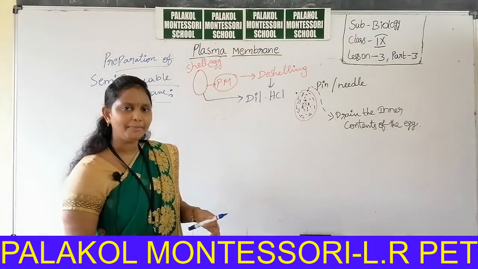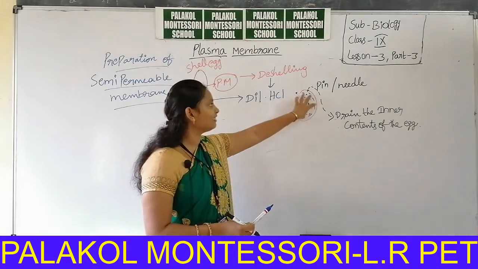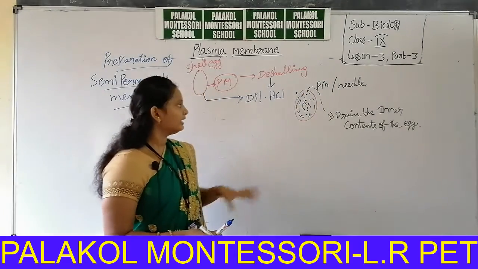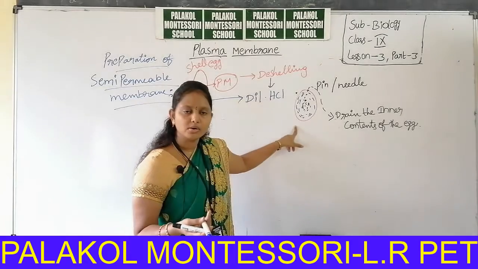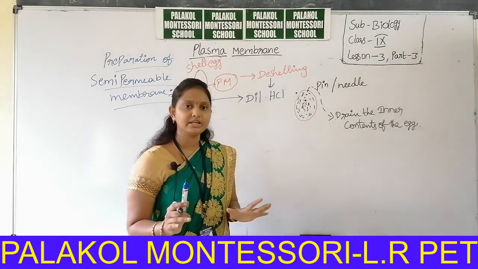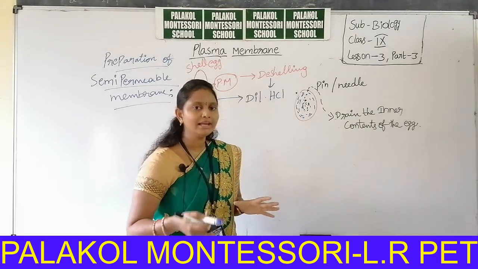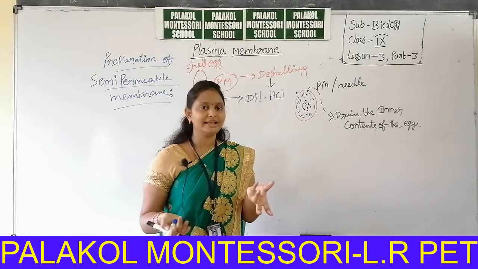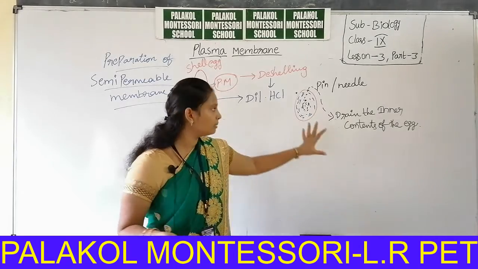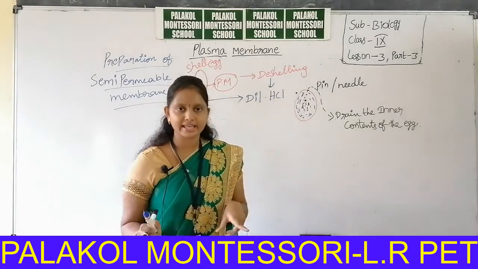Now what will happen after removing the inner content of the egg? It is not a boiled egg, so the inner content is in liquid state only. After boiling it may become solid. It is not a boiled egg, students, it is just a de-shelled egg.